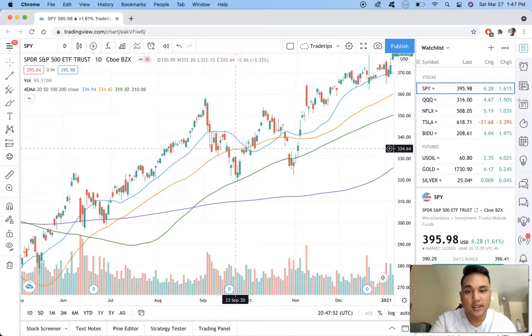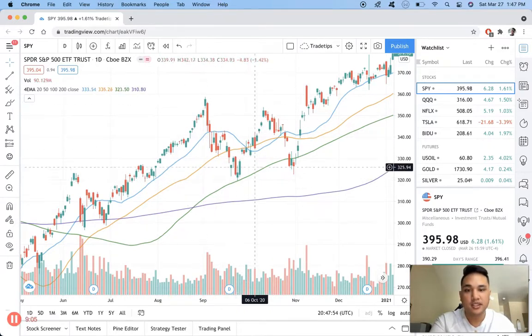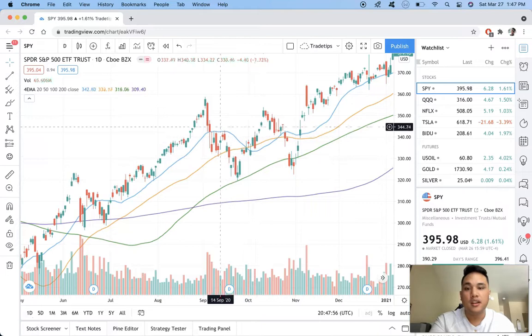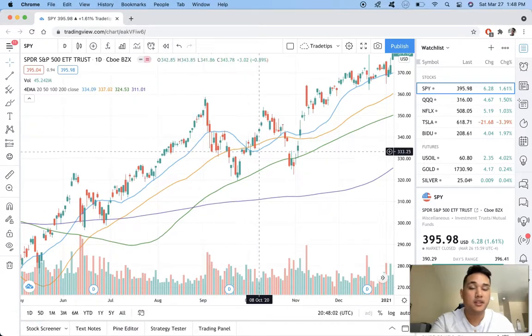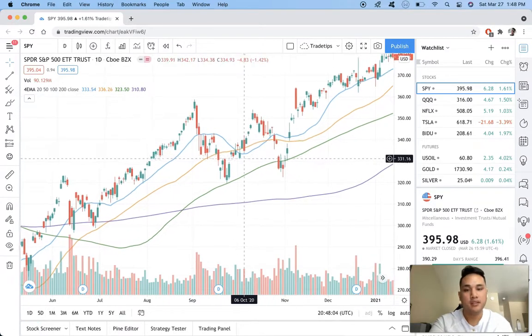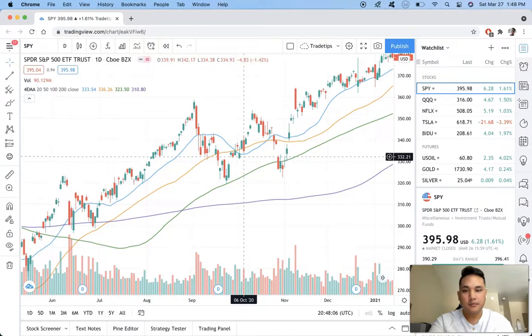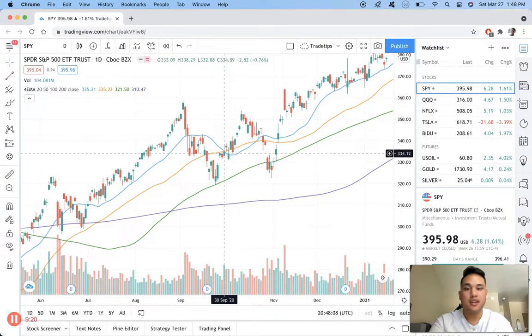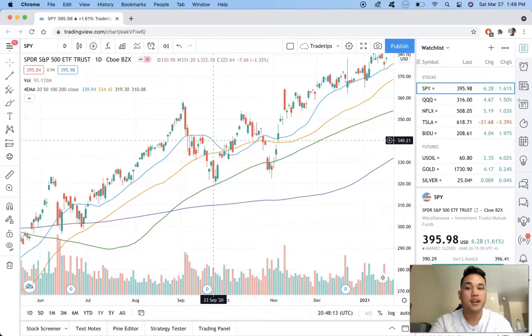You can see that what ends up happening in times like this is that it gets a little choppy, and when you have a faster moving average crossing below the 50 moving average, that's usually a bearish signal. And when that happens, we actually have a definition for that. It's called a death cross, when you have a faster moving average going below a slower one.